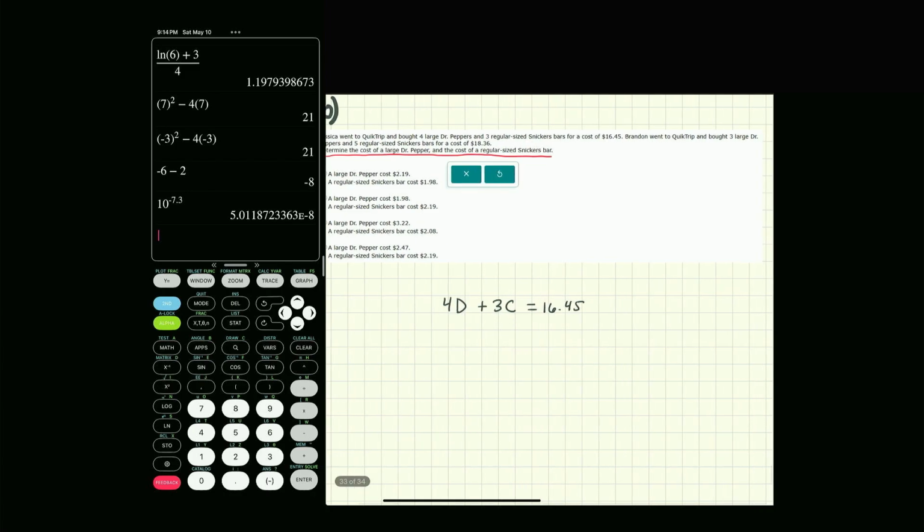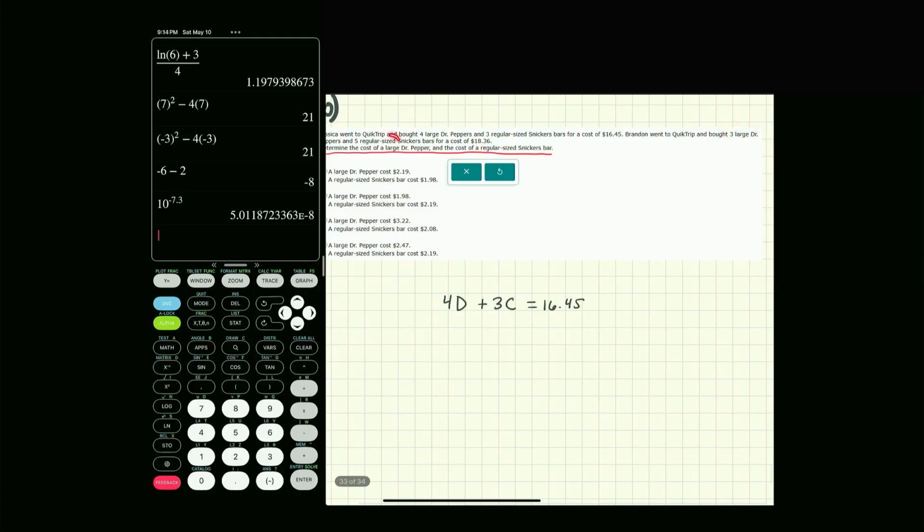And then we've got 3 Dr. Peppers and 5 candy bars for $18.36. So those are our equations.